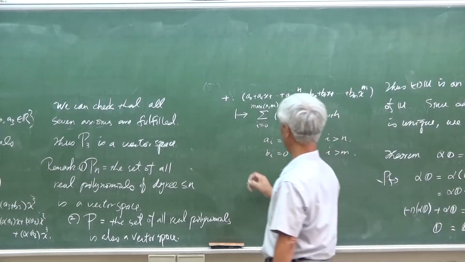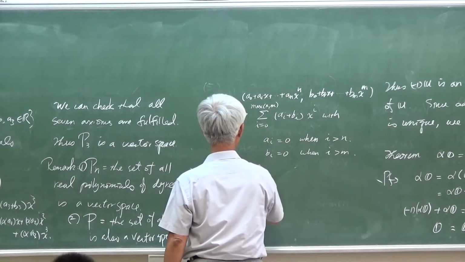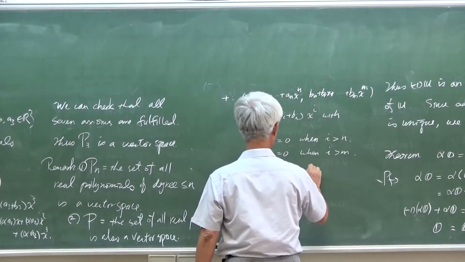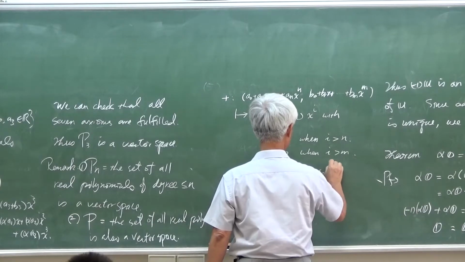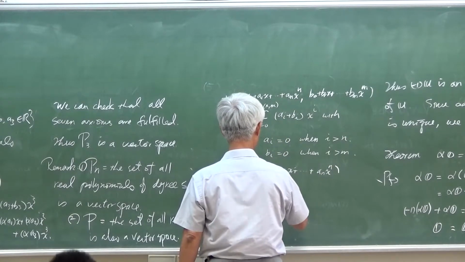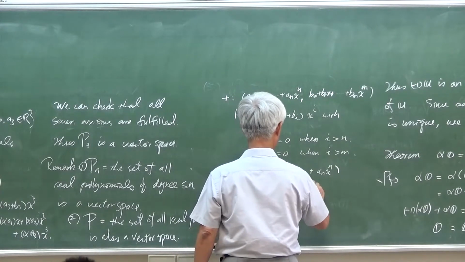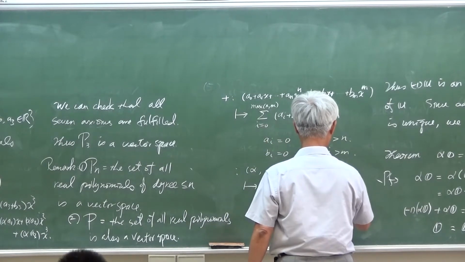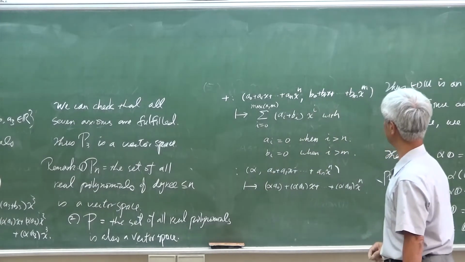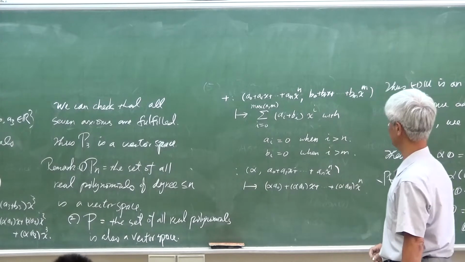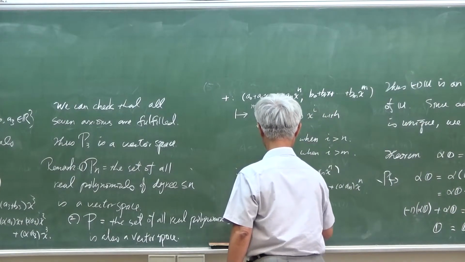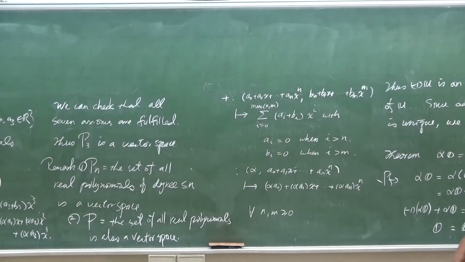And the scalar multiplication is simple, the same. And then finally you can say it holds for all n.